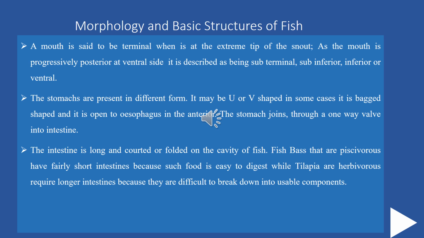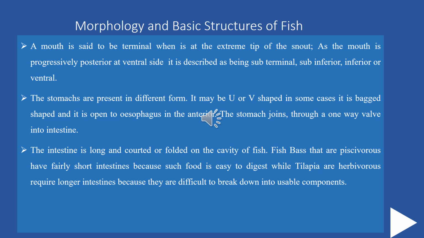Generally, a mouth of a fish is designed to fit its feeding habit. A mouth is said to be terminal when it is at the extreme tip of the snout.